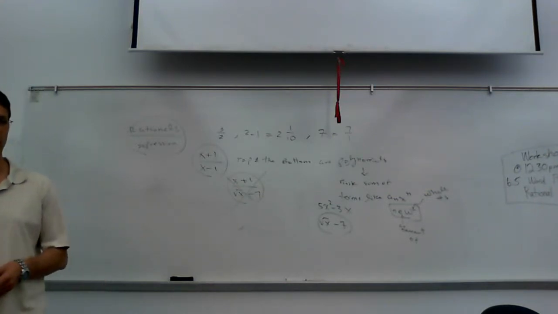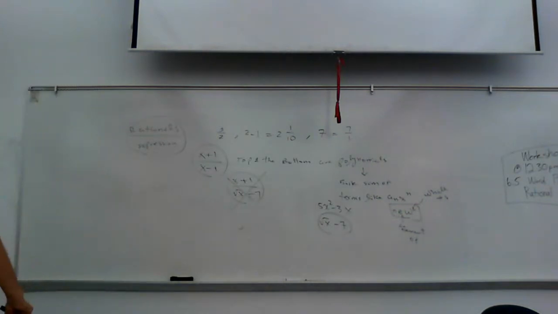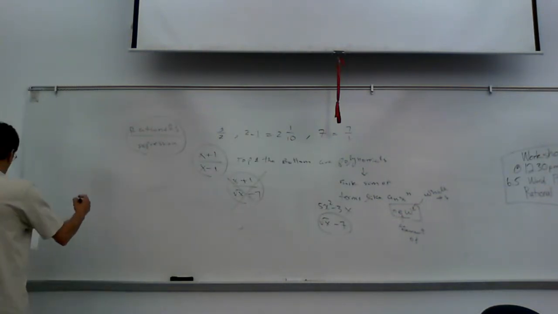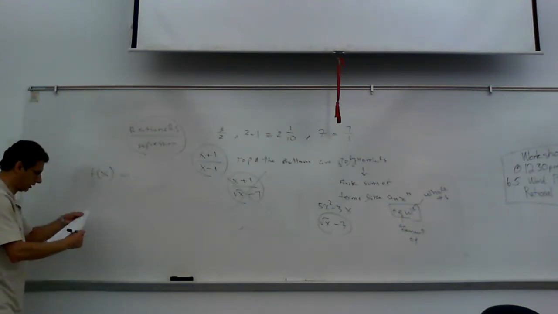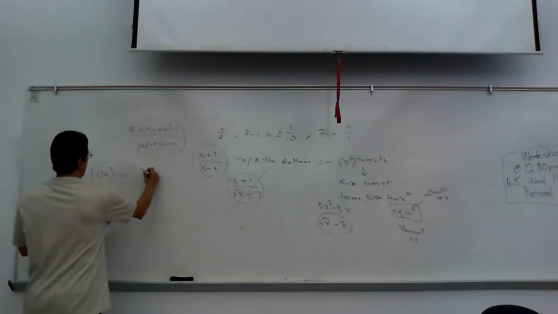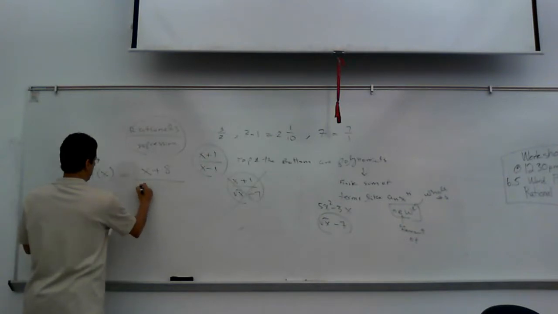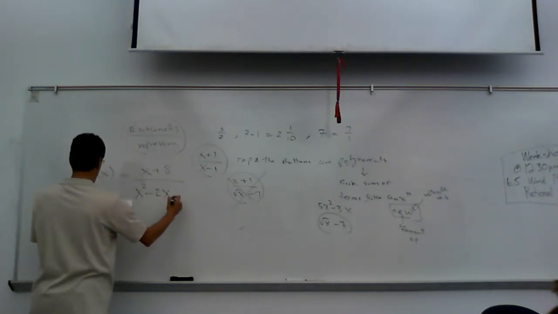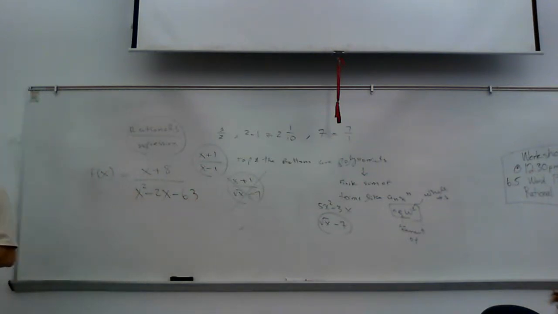That's as far as a basic definition. I hope you've read that and you're comfortable. Now the question was, if we are given the following, everybody, and I'm going to call it f of x, if we are given f of x as (x plus 8) over (x squared minus 2x minus 63), we are supposed to find the domain and everything related to that.